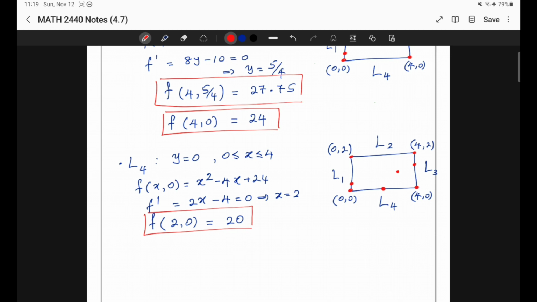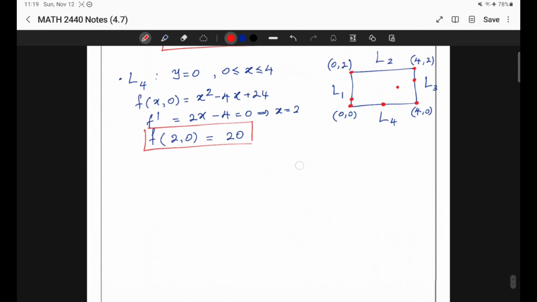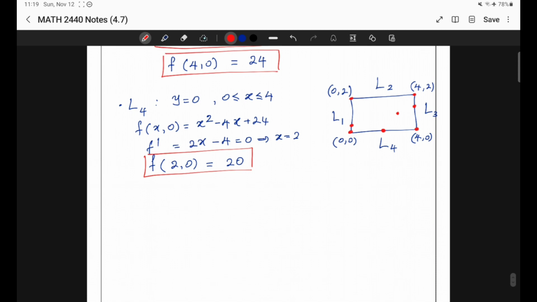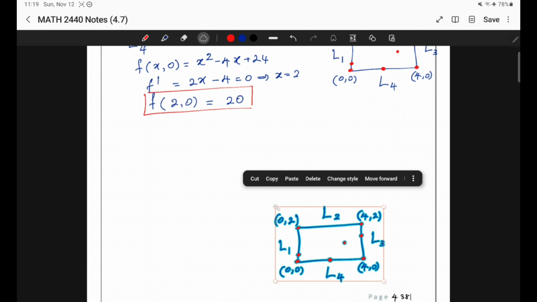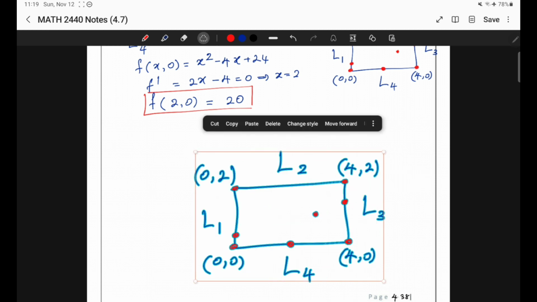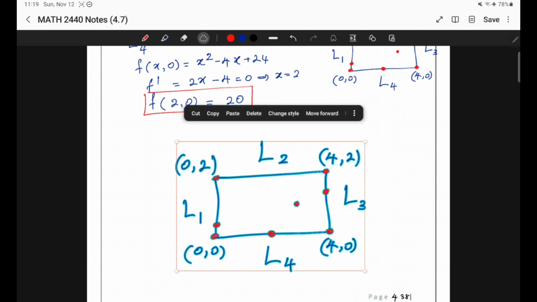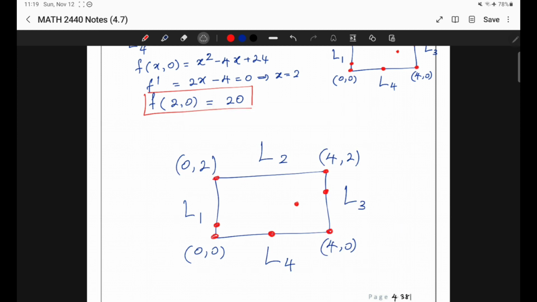Now we found the function values of each of these points. So let me draw a summary here. Let me copy this picture. Okay, so let's write down the values. At (2, 0), it's 20.